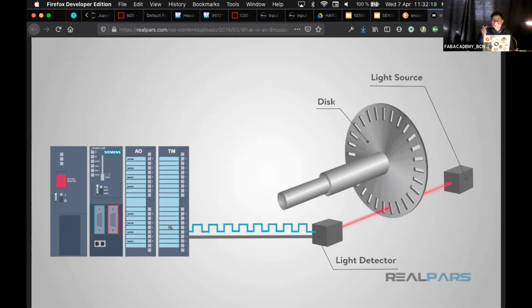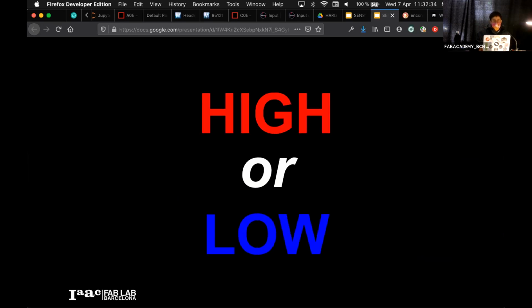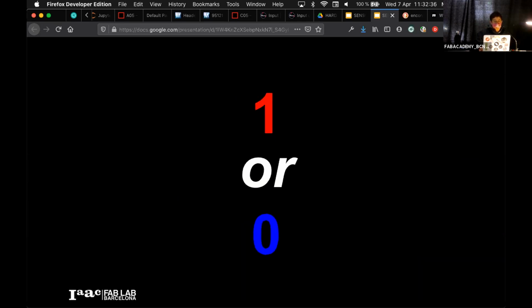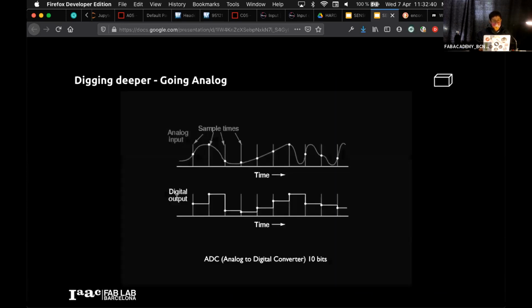Again, this idea of inference: there's no speed sensor for this, but what I'm measuring is counting pulses, because I have a light detector and a beam. Okay? So for doing that, we are still reading whether we have a high or a low, but we want to measure that through a certain amount of time.